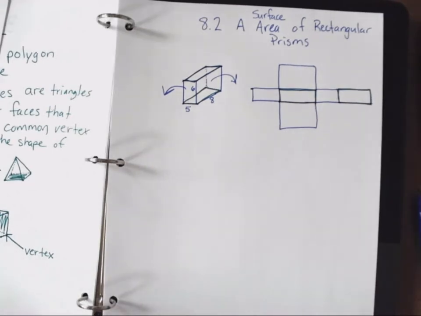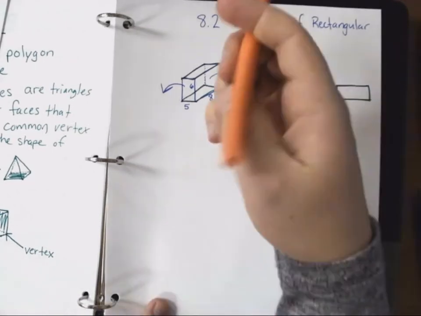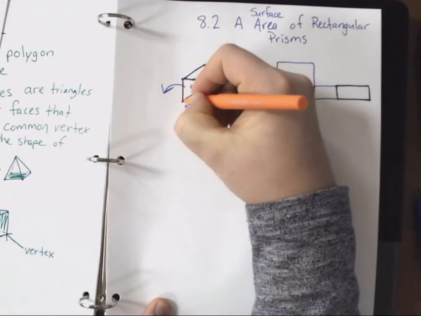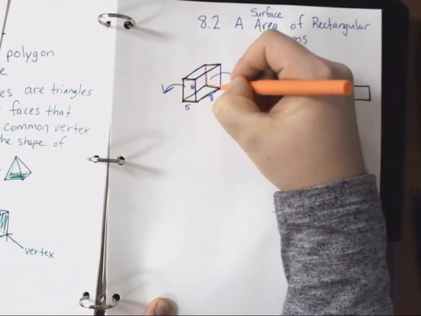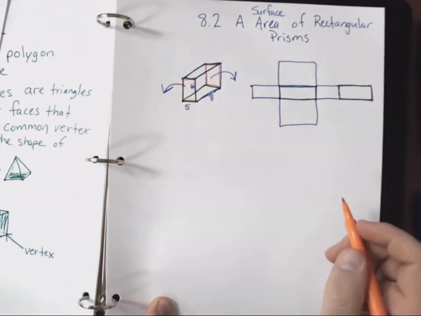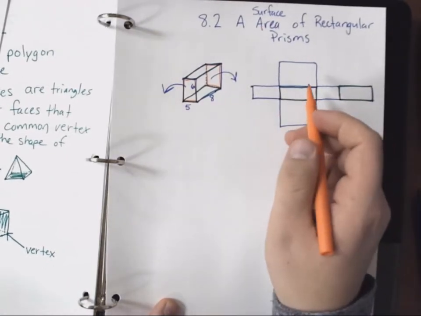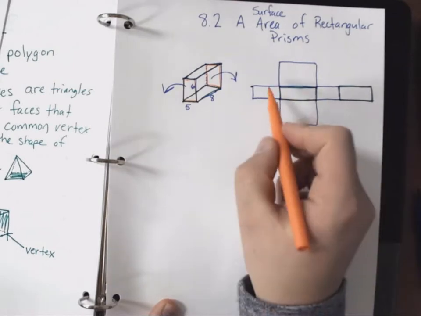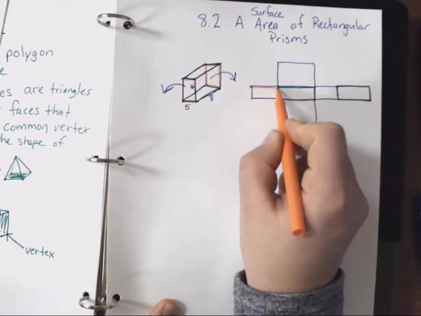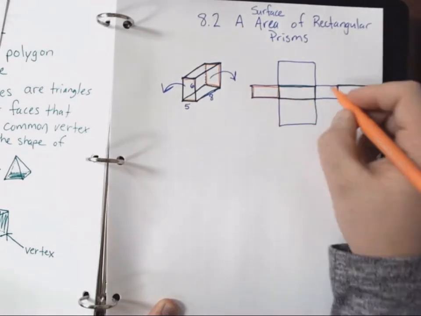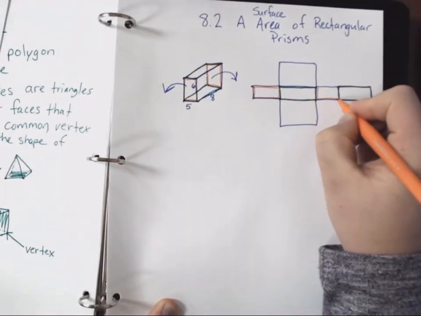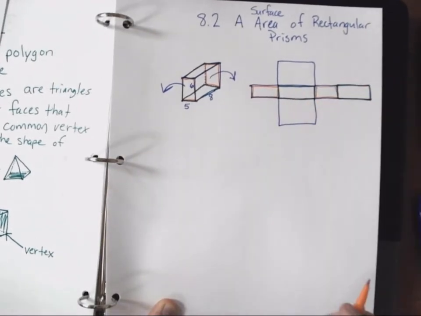Then we have our front and back, right here and right here, which should be identical. They may or may not look identical because of our drawings, but they are identical. So that is this piece here and this piece here. And finally we have our two sides.